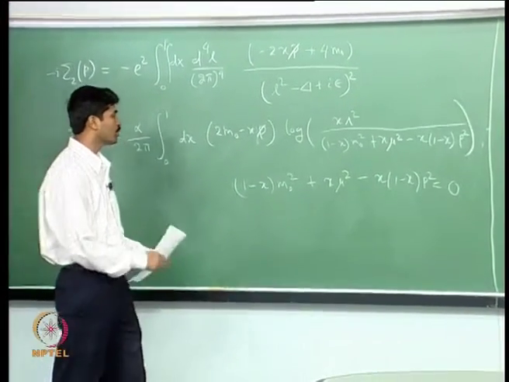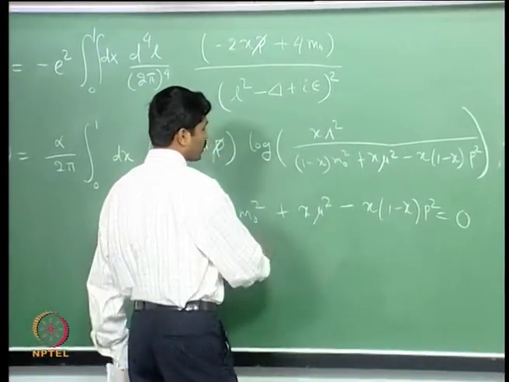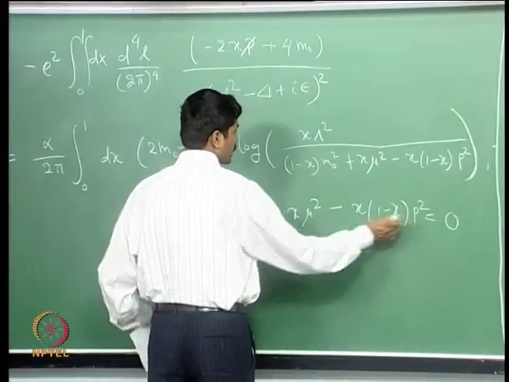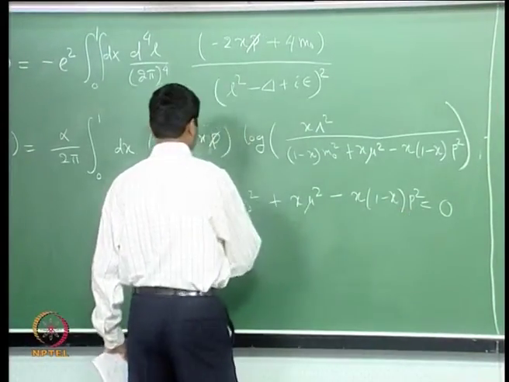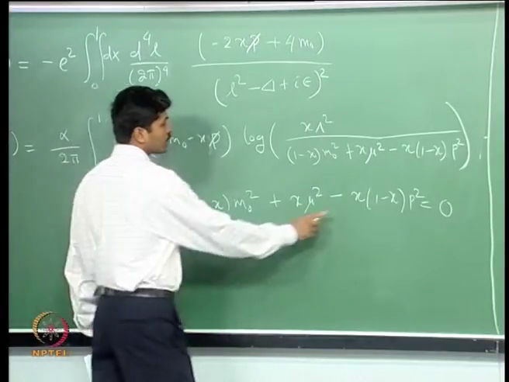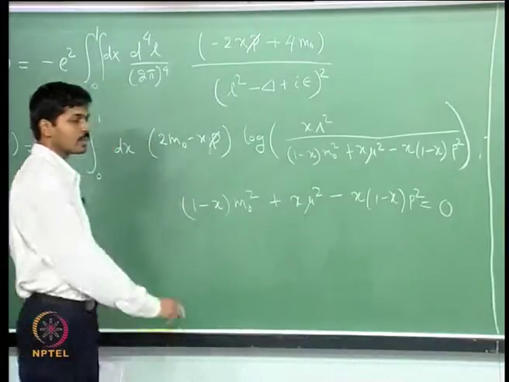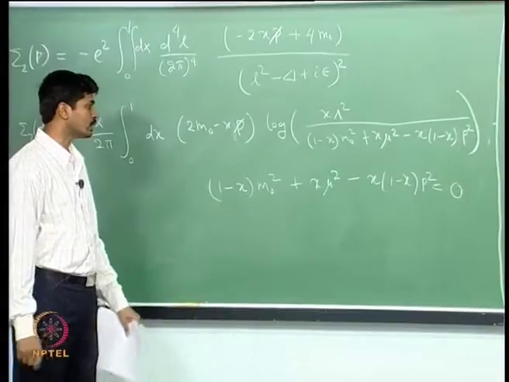So you can solve for it, and you can see that this quantity is negative for sufficiently large p. So for any p, if this equation admits a real solution for x which lies between 0 and 1, then you have a branch cut.